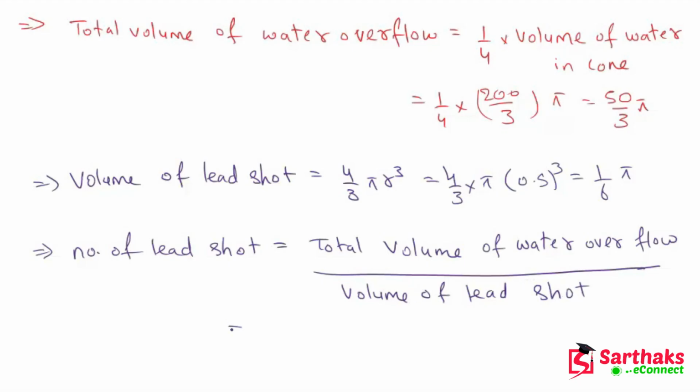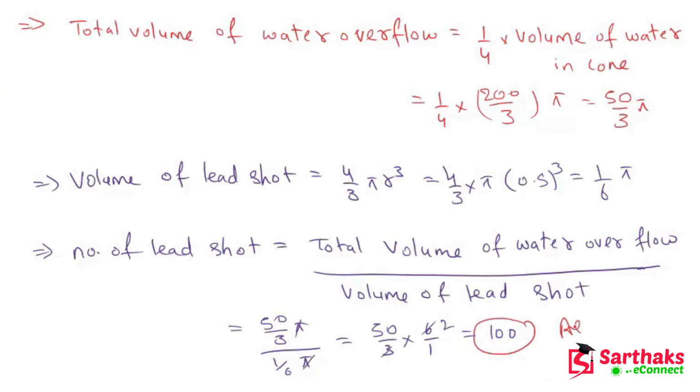So this will become 50 upon 3 pi divided by 1 upon 6 pi. This pi and this pi will be cancelled. So we get 50 upon 3 into 6 upon 1, and this 6 will be cancelled from 3 by 2 times. So we have 100. Total lead shot is 100. This is our answer.